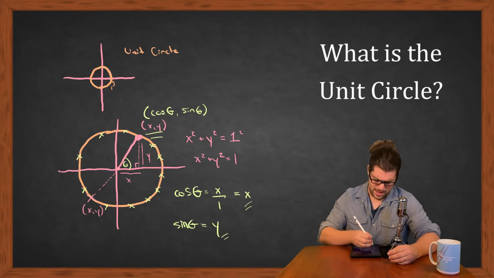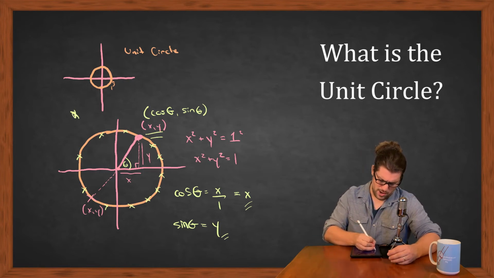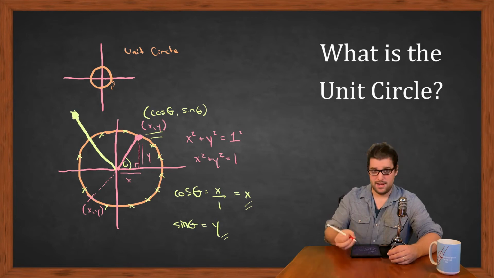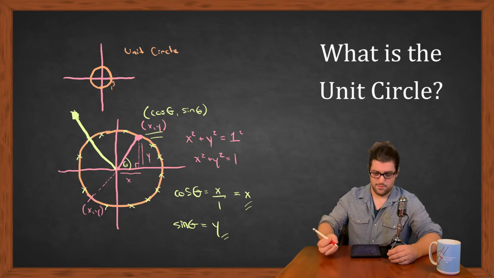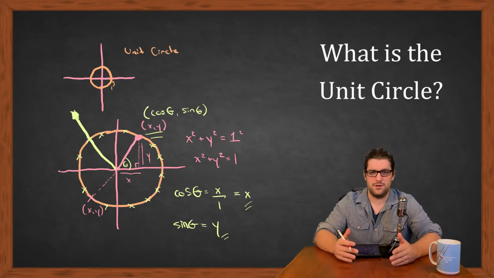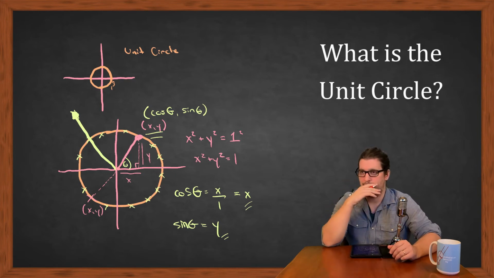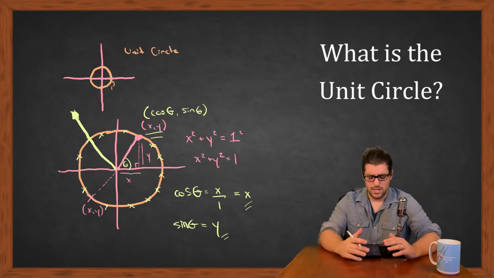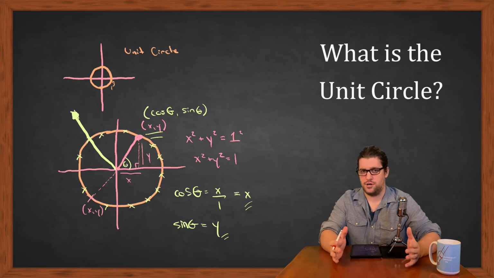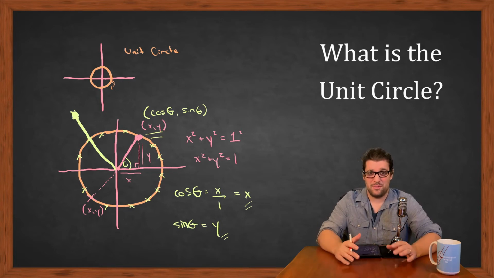Now, even if you had an angle where it was going through some outside point, like way up here, and so we connect this line here, there is an equivalent point here where it actually is going to intersect with the unit circle, and so the unit circle will give us all of the trig ratios that we need, even if it's some larger hypotenuse triangle that we're currently discussing.